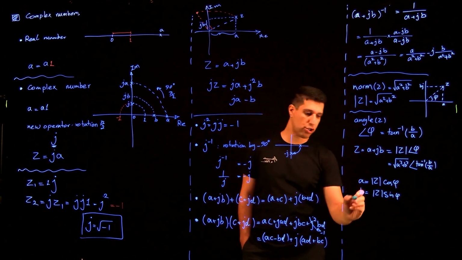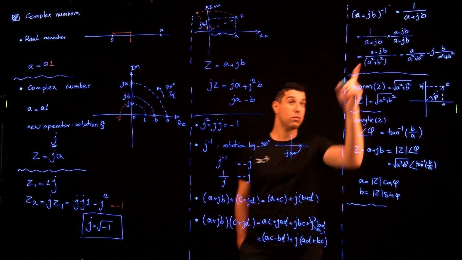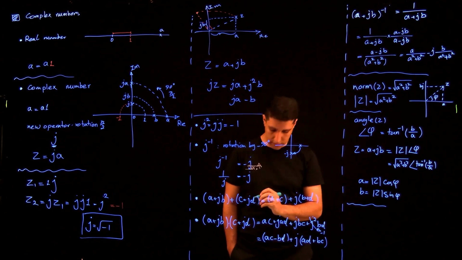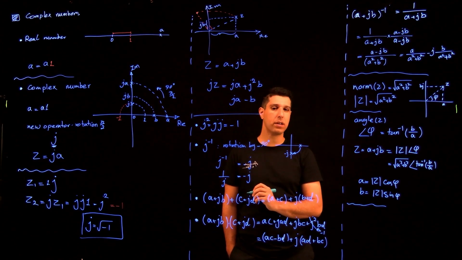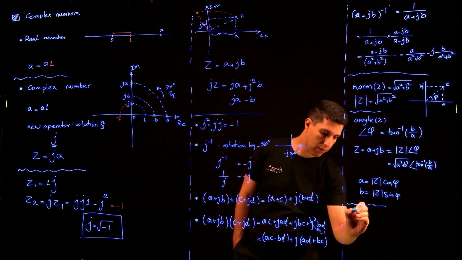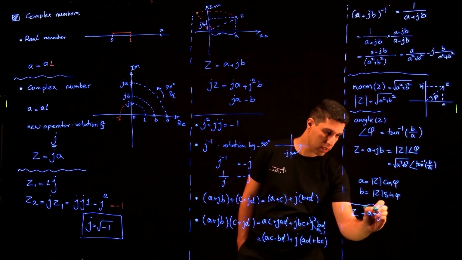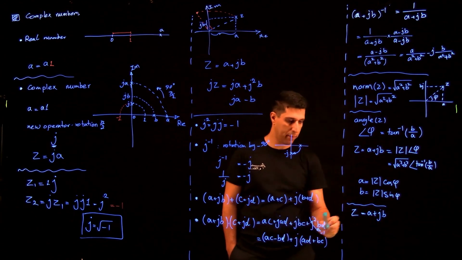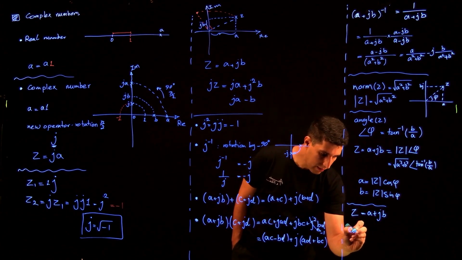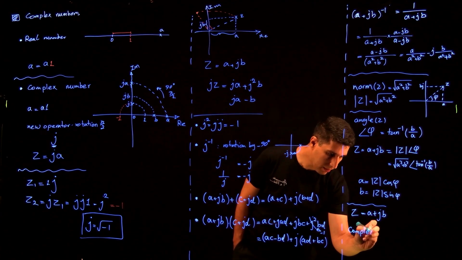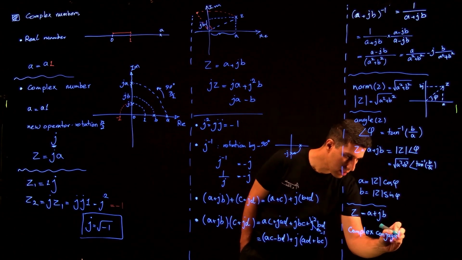Something that I should have mentioned but I didn't up there is a very important naming convention. If you have a number z that is a plus jb, we can define another number, call it complex conjugate.